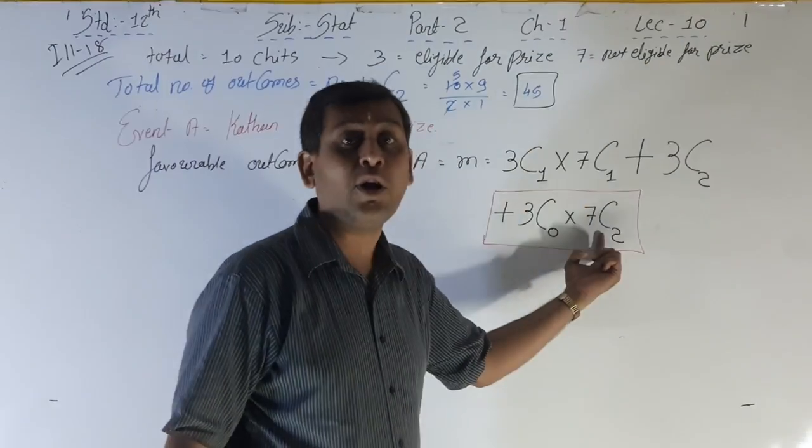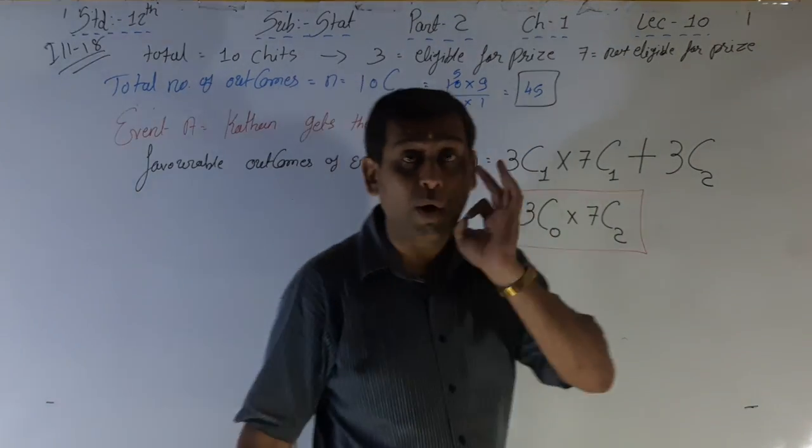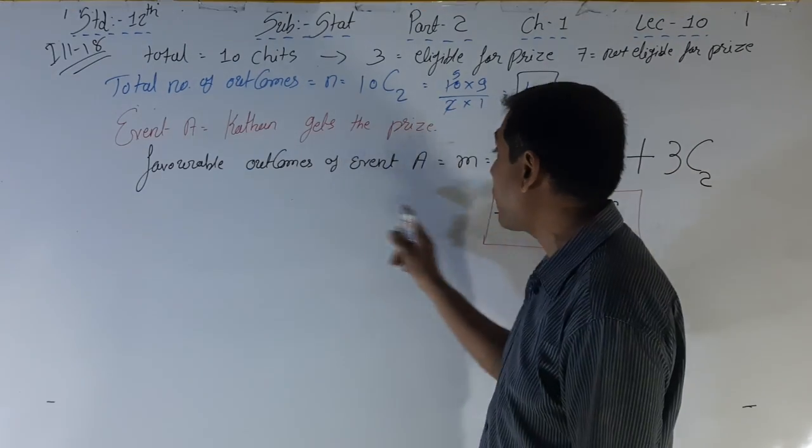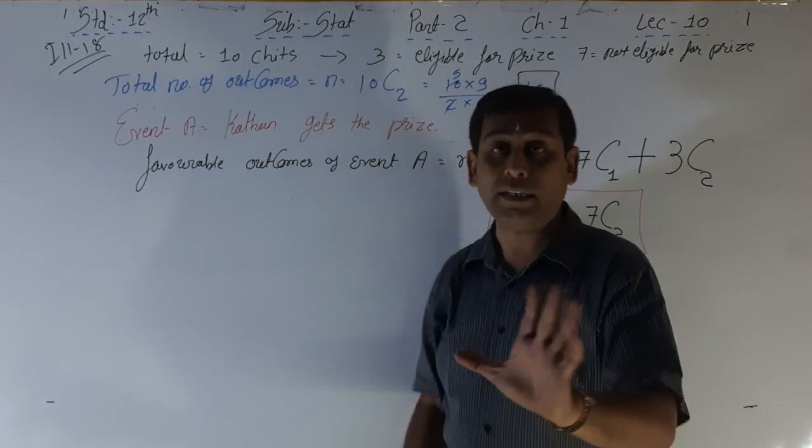Both cheats are non-eligible for the prize, and that's why it is not our criteria, it is not a favorable outcome of event A, because event A is that Kathan gets the prize.